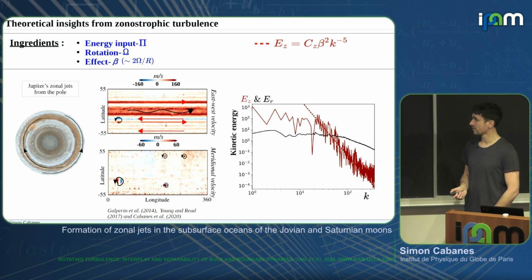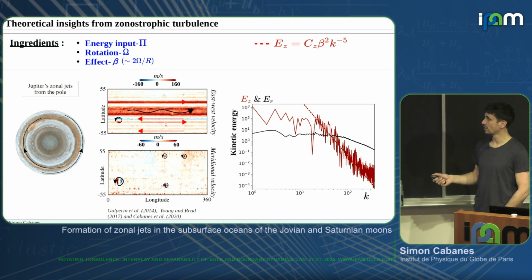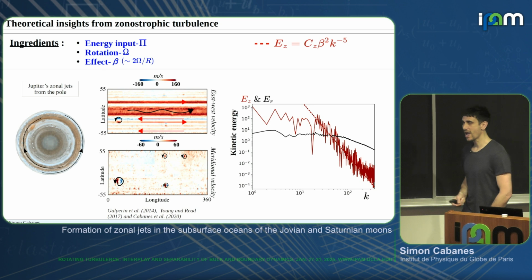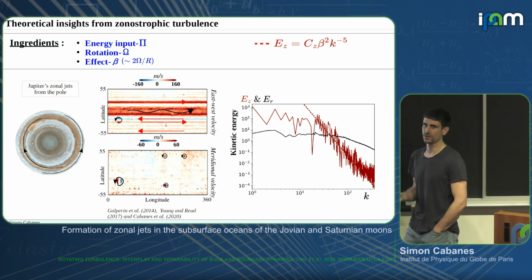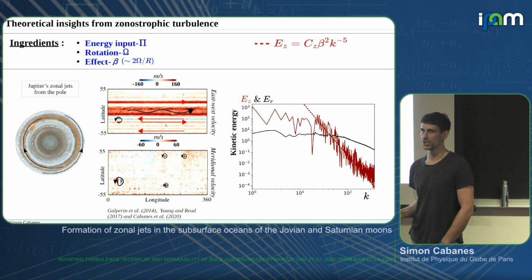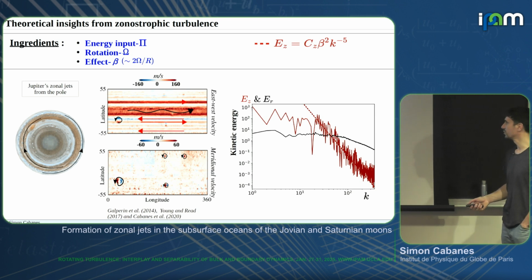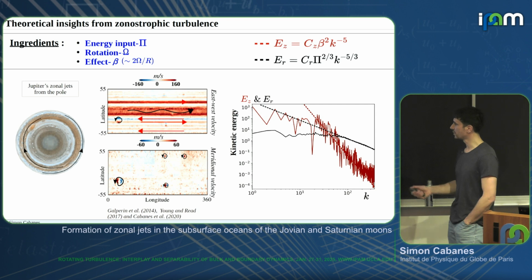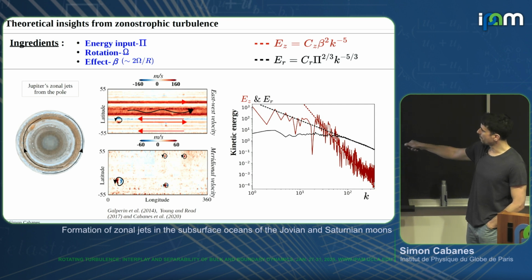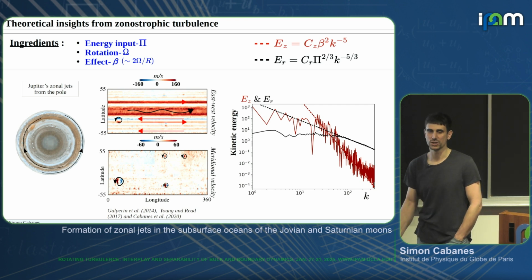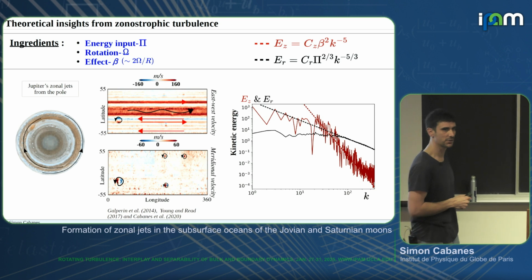And then you want to know what the other part of the flow is. So they call it the residual energy, and this corresponds to everything which is non-axisymmetric in the flow. So everything which is not the jets. So basically the waves and eddies and all turbulent motions. And in that distribution, they retrieve this typical slope on the small scales, which corresponds to the very well-known Kolmogorov scaling, which goes as k to the -5/3.